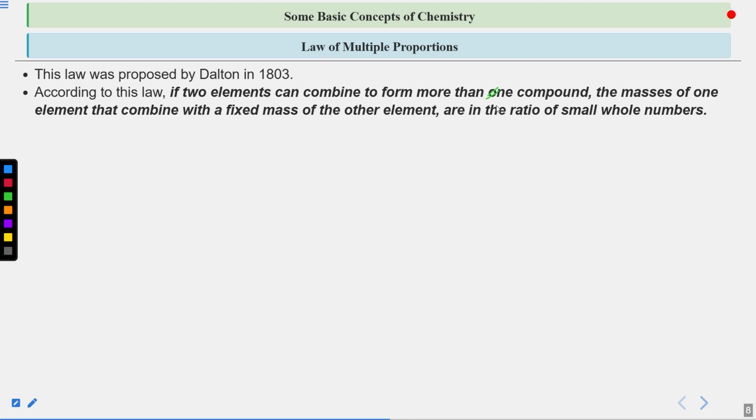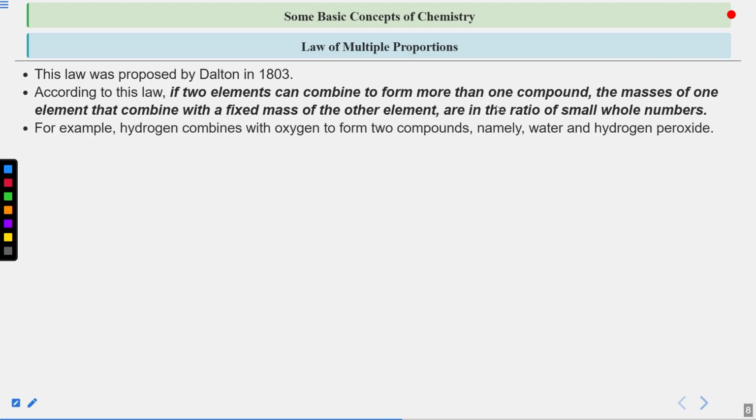Let us try to understand this in terms of an example. For example, if we combine hydrogen with oxygen, it can form water whose formula is H2O and hydrogen peroxide whose formula is H2O2. Now we have the same elements but they are giving two different compounds.